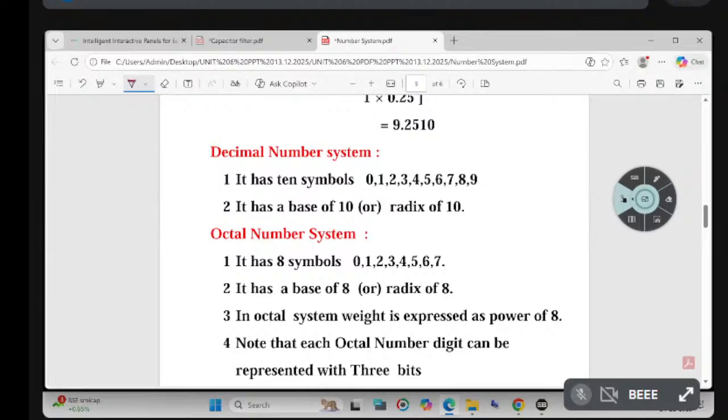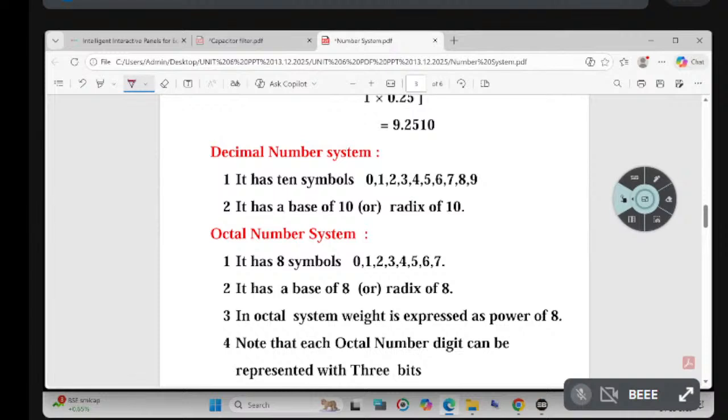Octal numbers are always represented by 3 bits only. For example, 0 is 0, 0, 0. 1 is 0, 0, 1, 3 bits. 2 is 0, 1, 0. Clear? Octal comes under 3 bits only.